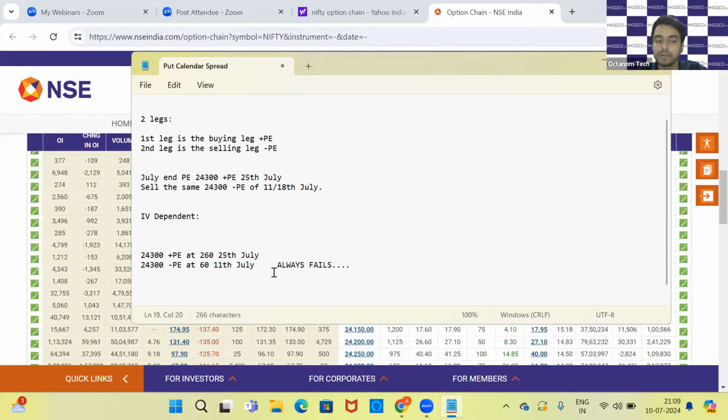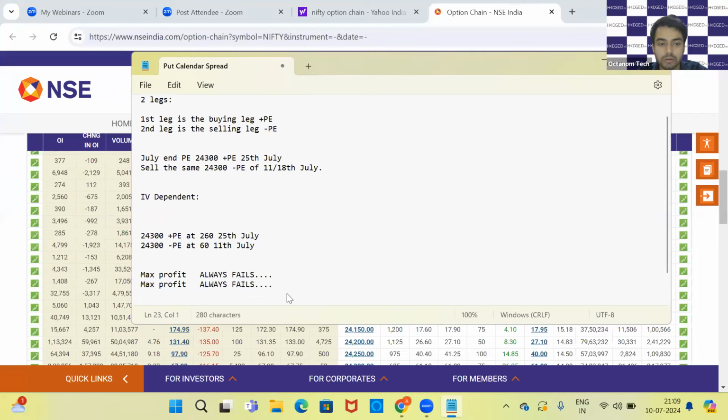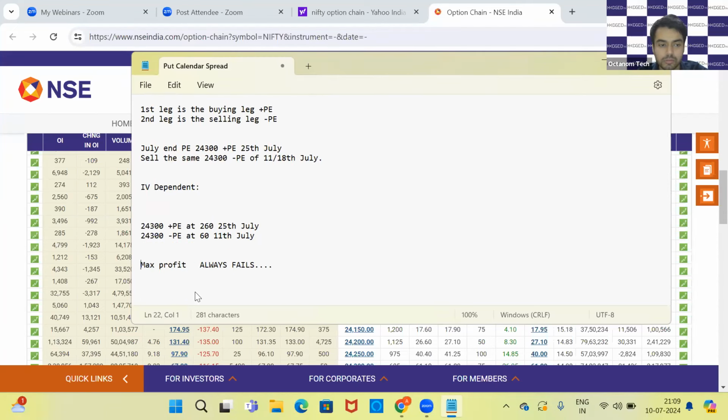Now, what will happen? I will make money in the trade when Nifty is at 24,300. My maximum profit is at 24,300. Now, why is that?